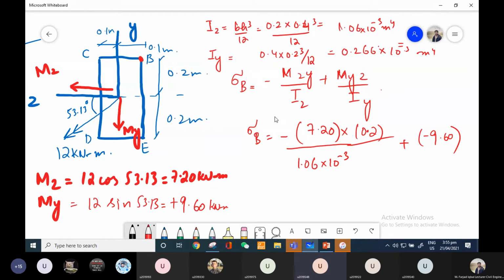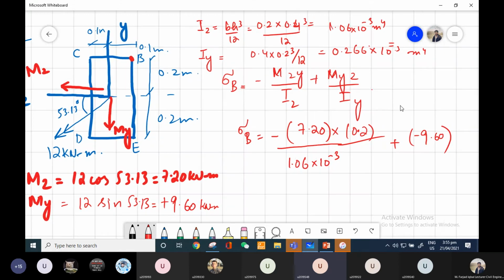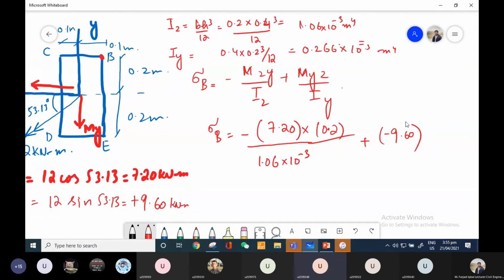Will z be positive or negative? Negative, sir. So that will be negative 0.1. And that will remain same, the last thing, 0.266 into 10 minus 3.